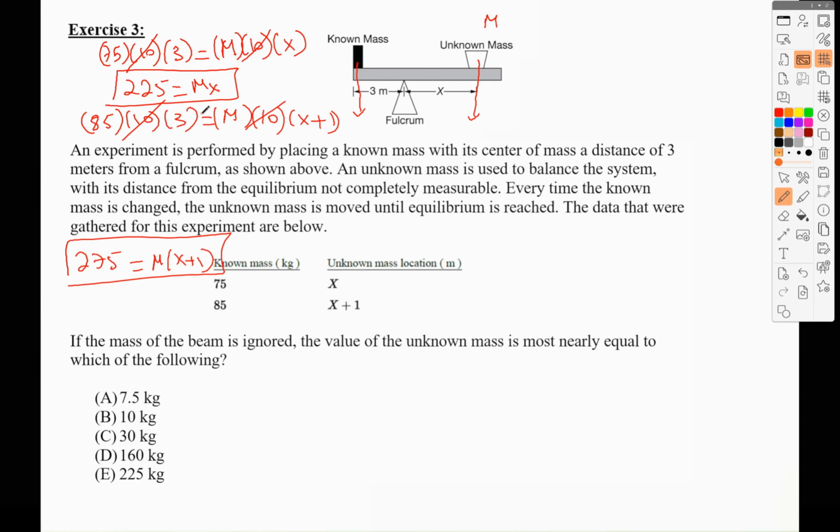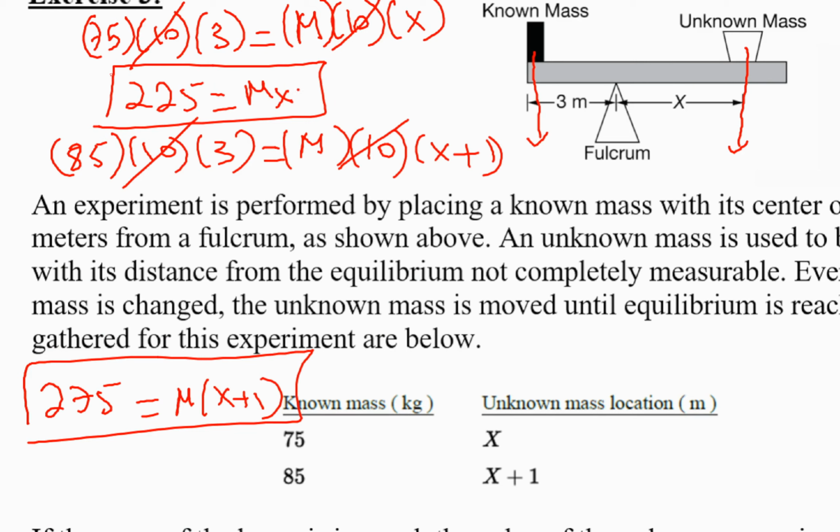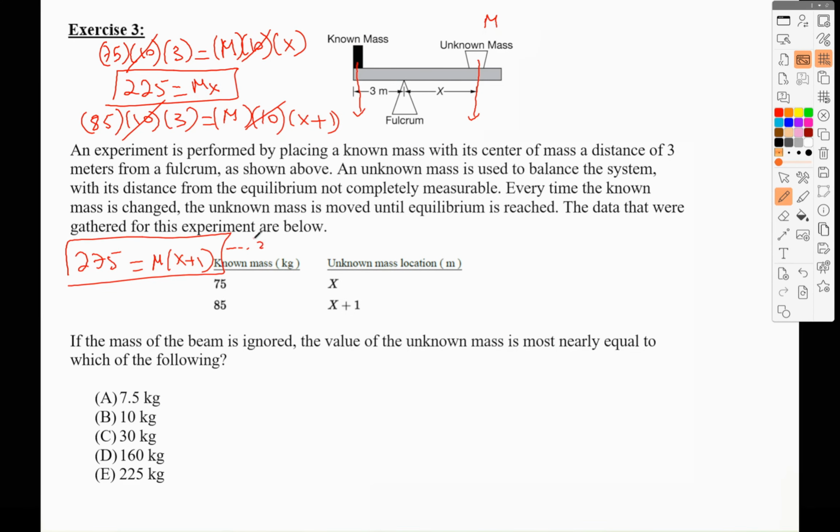So there are several ways to solve them. Since M appears on the right hand side in both members, we can divide equation 2 by equation 1, and here we would get 275 divided by 225 is given by M into X plus 1 divided by MX. In this case, M with M cancels.